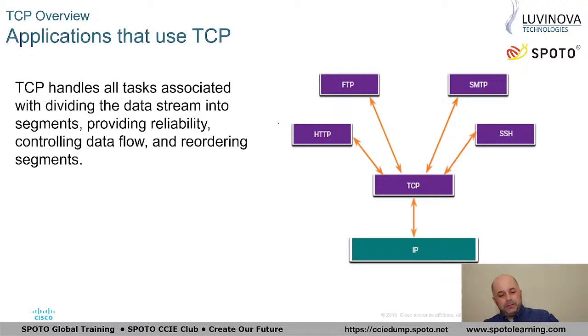Applications that use TCP. We already talked about web browsing, file transfer protocol, when you're sharing files with each other using file servers, SMTP, which is the protocol carried out for sending emails, and SSH, secure shell, if you want to connect to certain devices using secure telnet.